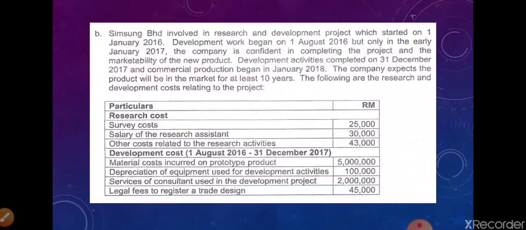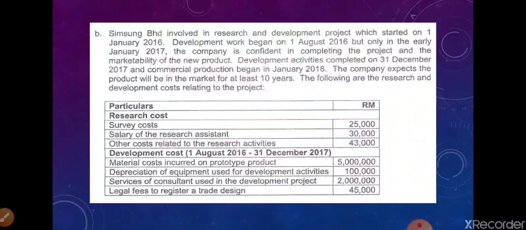Next, Simsung Berhad is involved in a research and development project which started on 1st January 2016. Development work began on 1st August 2016, but only in early January 2017 the company is confident in completing the project and the marketability of the new product.